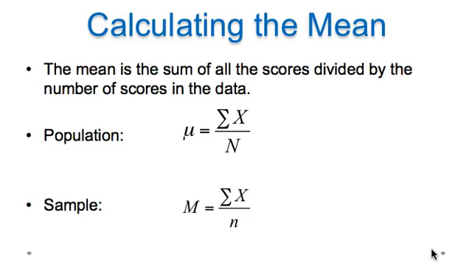It means add up all the numbers for whatever follows. X stands for the scores of the variable x. This tells you to add up all the scores or observations for variable x. N, capital N, represents the size of the population.